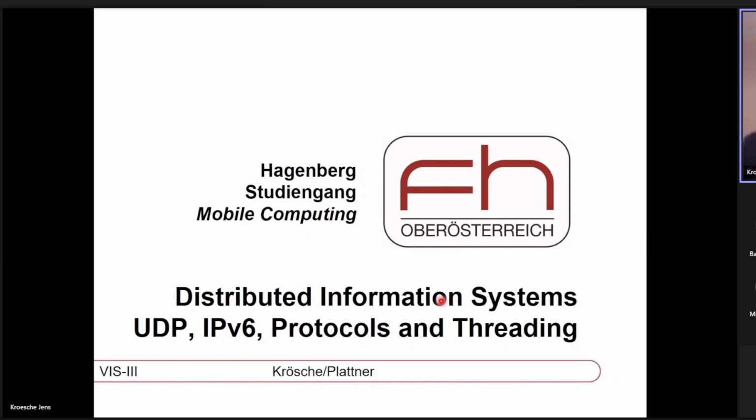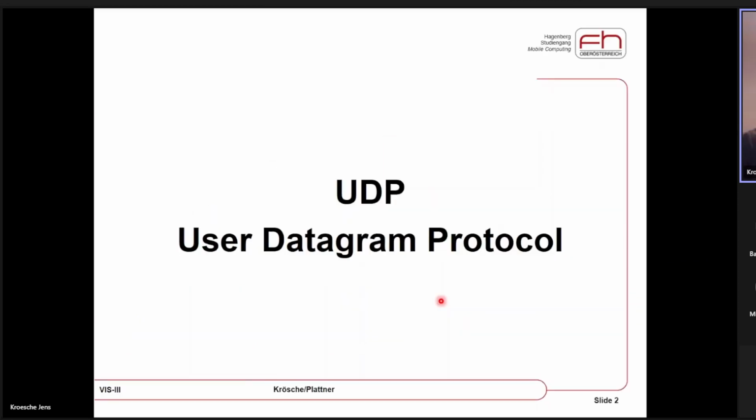So we first talk about the UDP, user datagram protocol. And as I stated yesterday, the biggest difference is that it's not connection oriented. So client and server are not fixed connected. They don't build up a connection that stays alive as long as the communication partners hold up the endpoints alive.